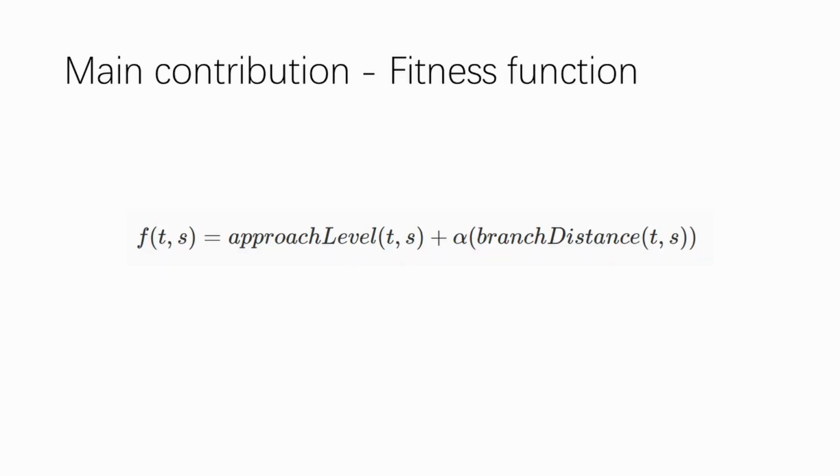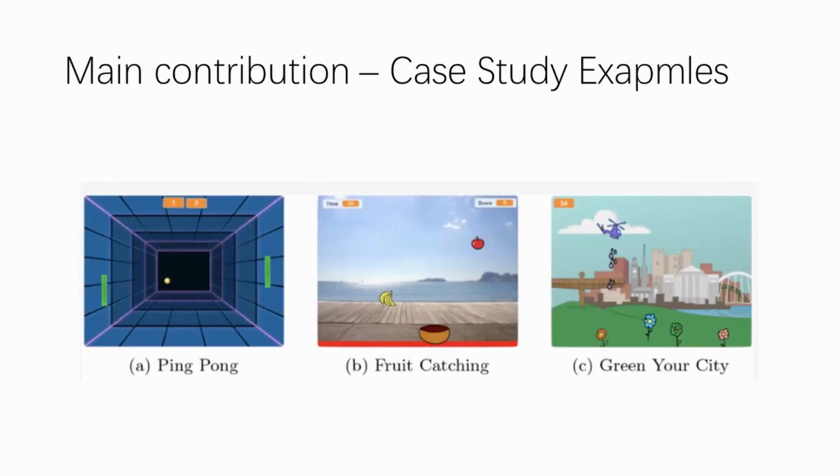The fitness function for a given target statement is encoded using the traditional combination of approach level and branch distance. Given a test T and target statement S, the fitness function is defined as the following, where alpha denotes a normalization function in a range from 0 to 1. To illustrate the proposed approach, the paper used 3 example Scratch programs shown in the figure.